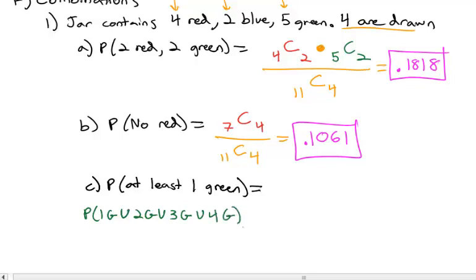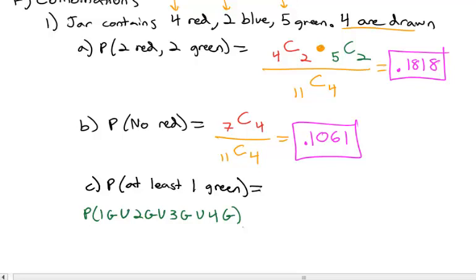Now, fortunately, these are mutually exclusive. I can't draw a bunch of marbles and have 3 greens and 1 green. I either have 3 or I have 1, so we don't have to worry about double counting here. However, we would have to add each of these together. Calculate the probability of 1 plus the probability of 2 plus the probability of 3 plus the probability of 4.